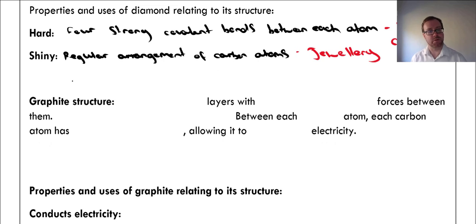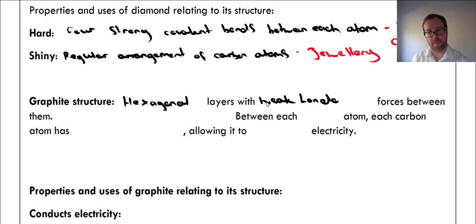Moving on, the graphite structure. How do we describe graphite? Graphite has hexagonal layers with weak London forces between them.